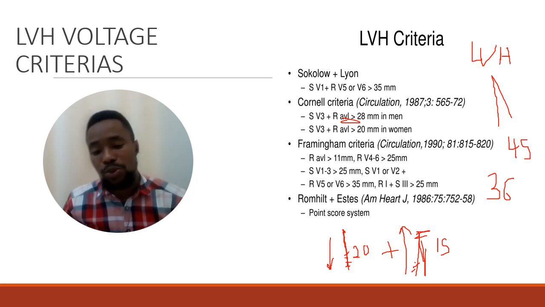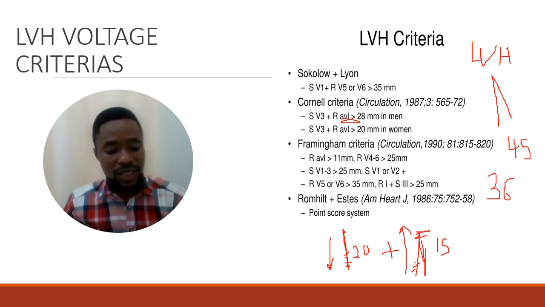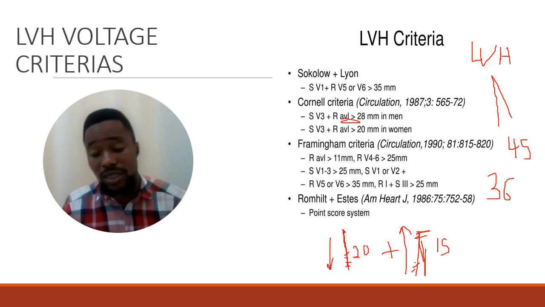This was worked upon by Murphy. Murphy worked on this and said, okay, instead of using SV1, you can use either SV1 or SV2. So someone also modified this Cornell voltage. So they call it the modified Cornell criteria, which is the strongest now.